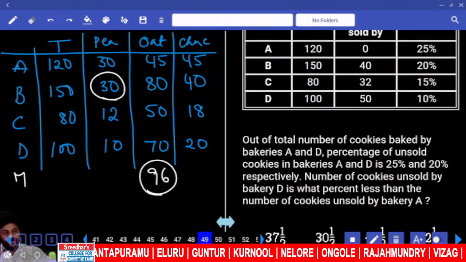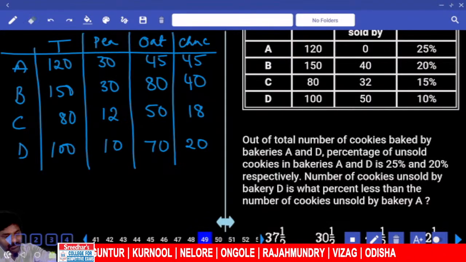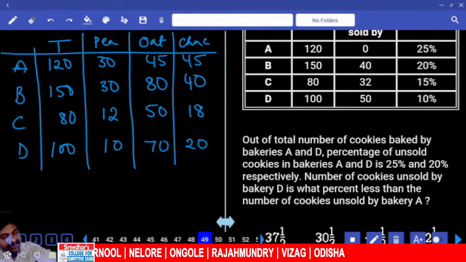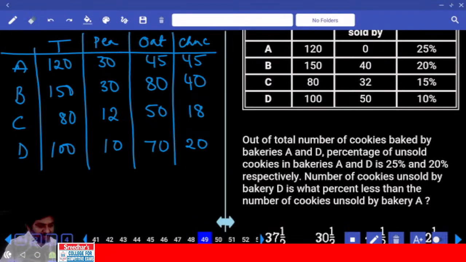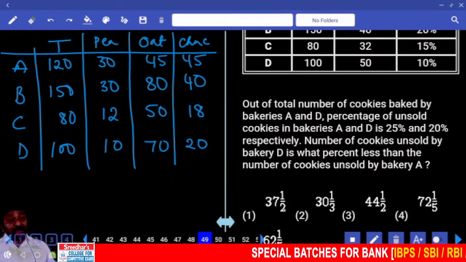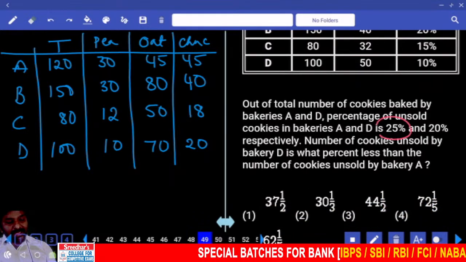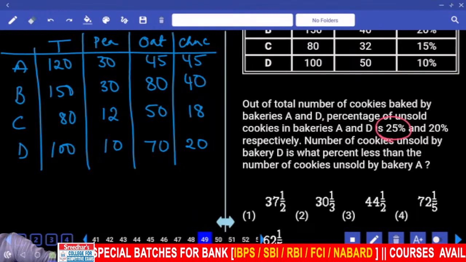Out of the total number of cookies baked by bakeries A and D, the percentage of unsold cookies in bakeries A and D is 25% and 20%. The number of cookies unsold by bakery D is what percentage less than the number of cookies unsold by A? In A, if 25% are unsold, sold are 75%.